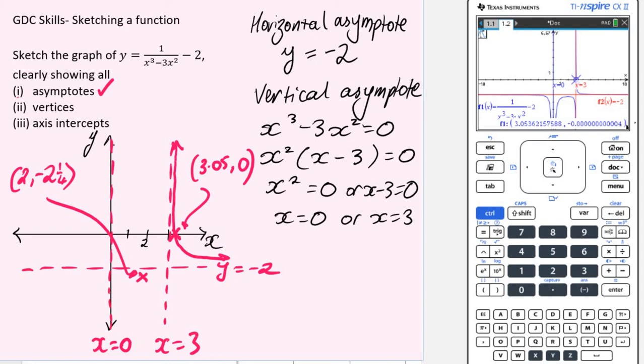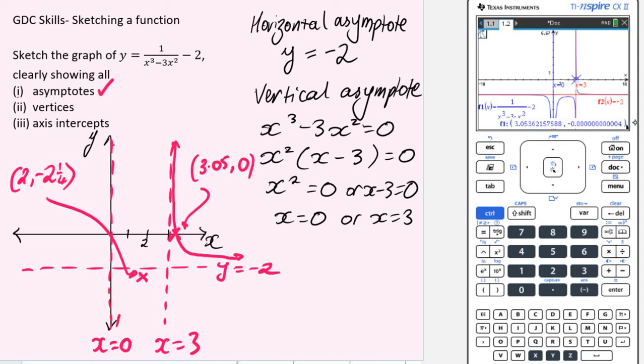So you might be wondering, well, why is it not that? Well, if it's that, it crosses that horizontal asymptote. So the only way for that to work is like that.